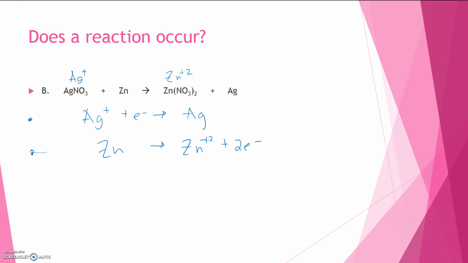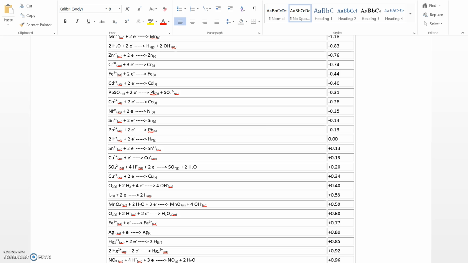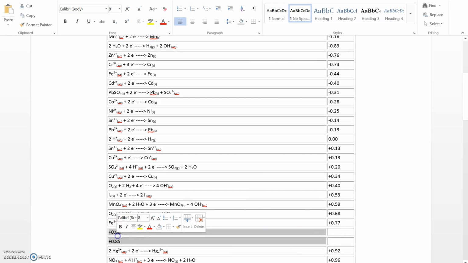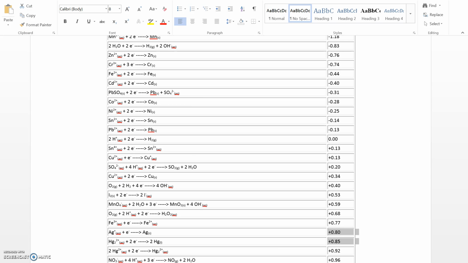So let's check that out. Here's my reaction with silver. We notice that one's going to stay in the proper direction, so that's 0.8, and that's okay. Oh, I can't believe that just deleted that there. Let's undo that. And then up here, here's my zinc reaction. Up at the top here, my zinc reaction is negative 0.76.